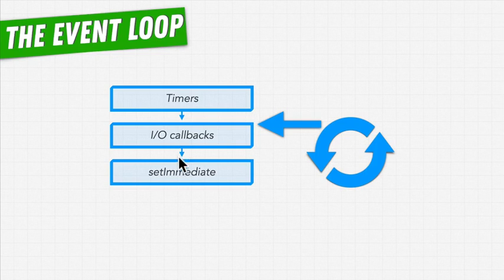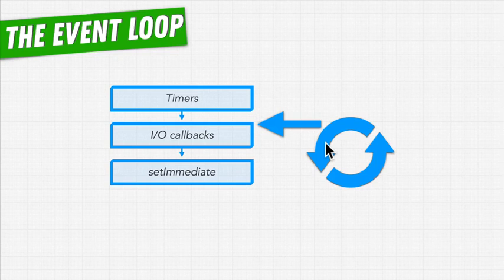As you can see, functions passed into setImmediate actually execute after those passed into timers, like, for example, setTimeout. It's called setImmediate because it runs immediately after any I/O operations have finished executing, and before another cycle of the event loop starts.